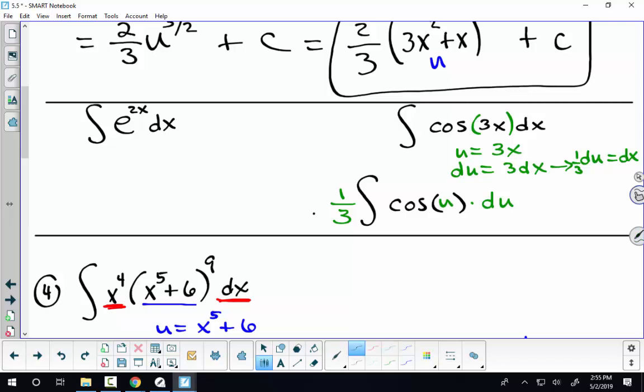Well, I have 1/3. The antiderivative of cosine with respect to u is the sine of u, right? But u is 3x. So the antiderivative of cosine 3x is 1/3 sine 3x, right? From the table. So we can look at those as a u substitution problem. I think it's easier just to know them.